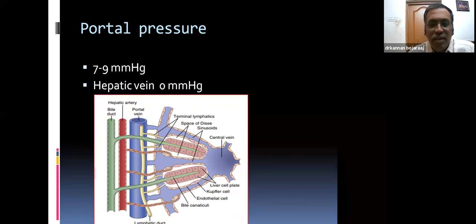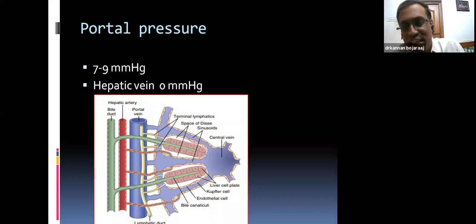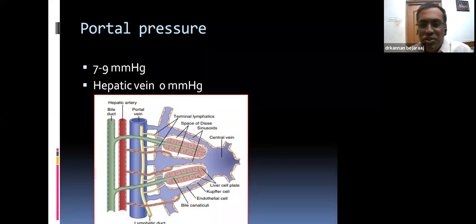Anybody know? The venous pressure is almost 0, about 0 to 4 or 5. There is a gradient between the portal vein and the hepatic vein, and this gradient is the driving force for drainage of portal blood into the systemic circulation.